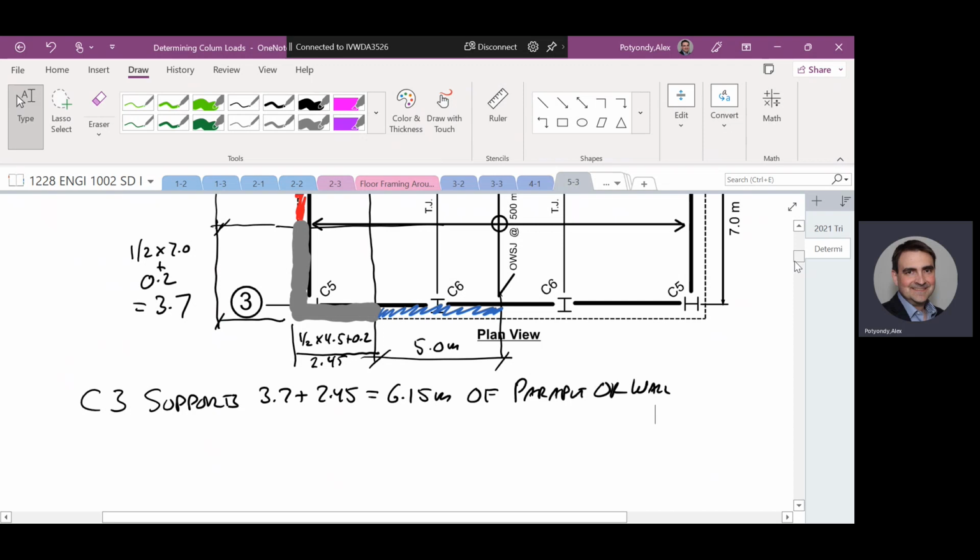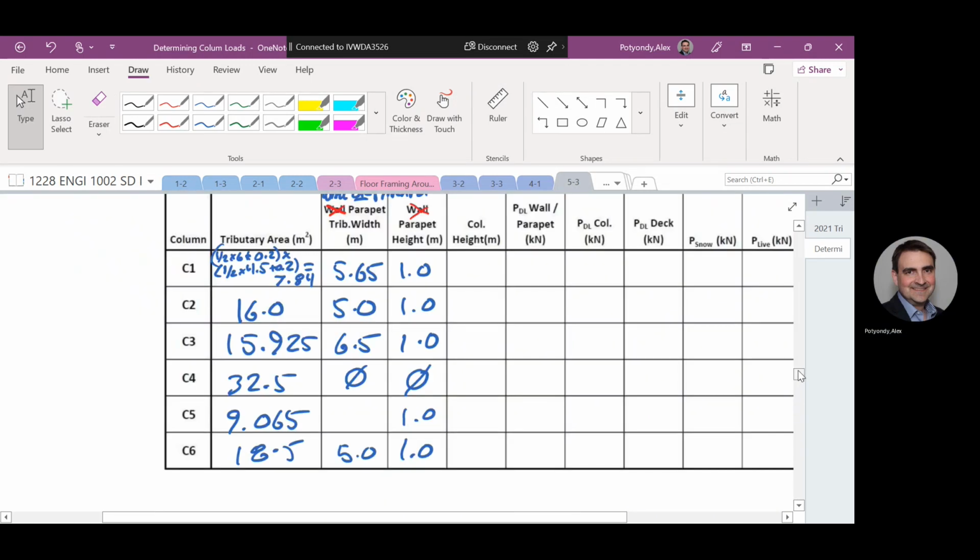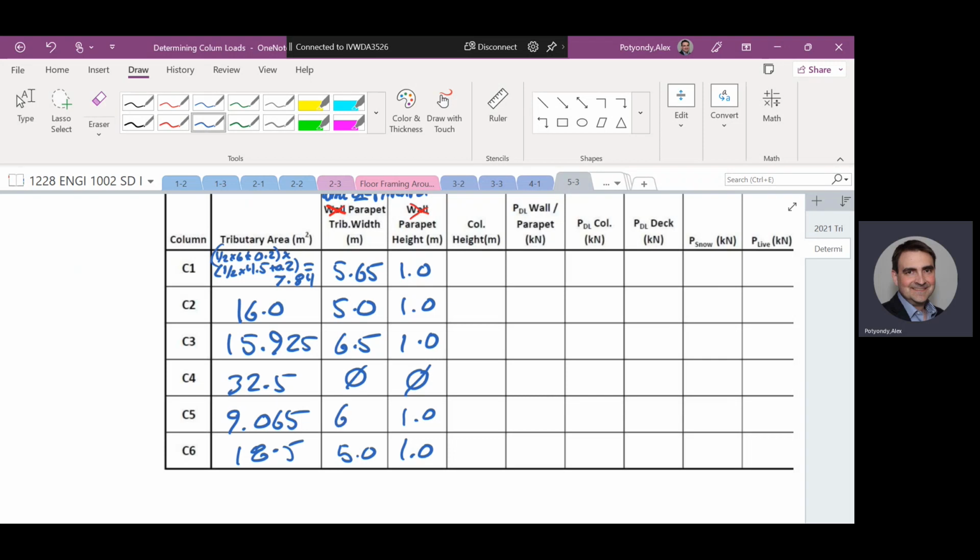Correct, C5. Correction, thank you. Hard to talk and write at the same time. So I'll put that one in here, 6.15. All right. So that takes care of the wall parapet height.